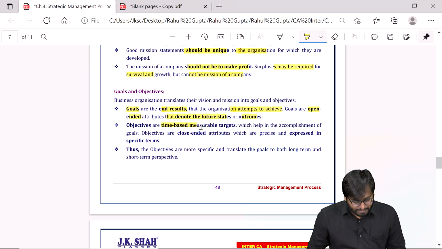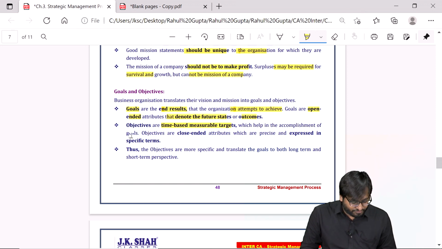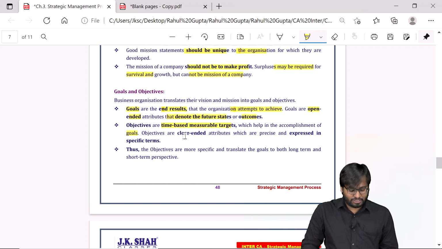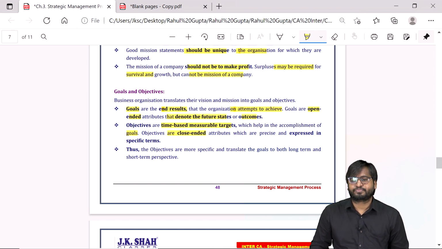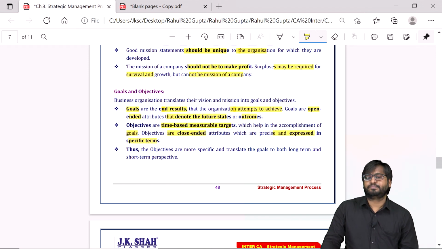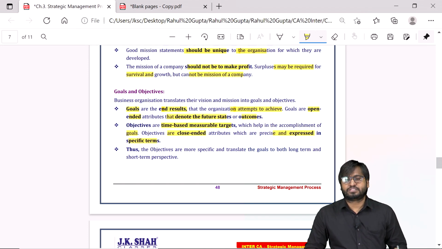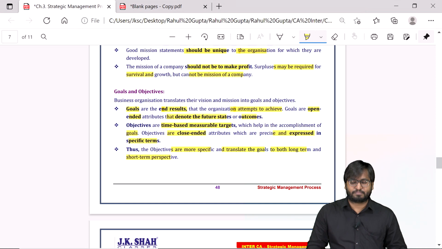Specific, time-based measurable targets which help in accomplishment of goals. Objectives are closed-ended attributes and are expressed in specific terms. Thus, objectives are more specific and translate the goals to both long-term and short-term perspective.